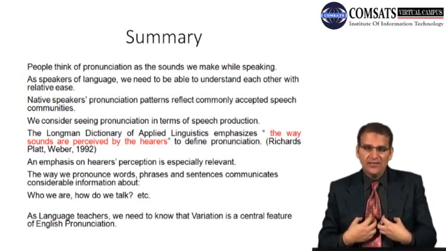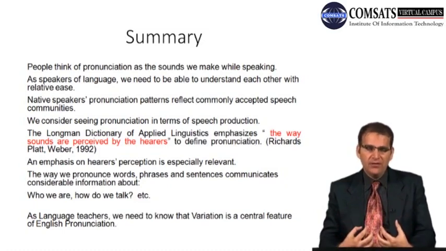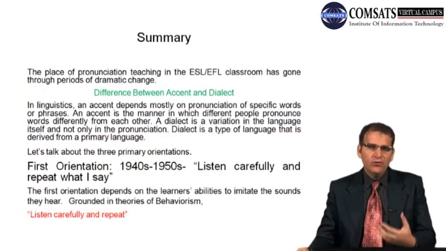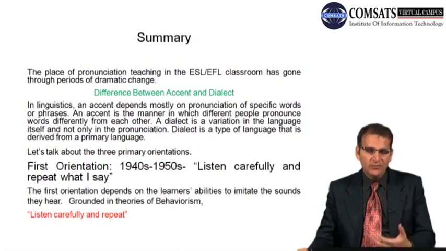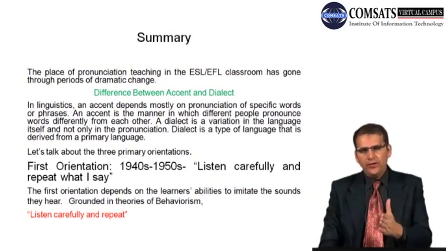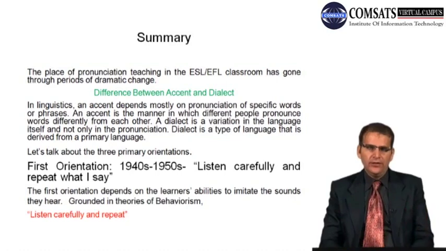That's why dialects are there, of course. Dialects are more with the region, with your class, right? So these are some things we talked about today, and then we also saw the difference between accent and pronunciation, right? Accent and dialect, we saw that. We'll talk about these three orientations: from 1940 to 50, 50 to 60, and then 82 onwards, we call it the third orientation.